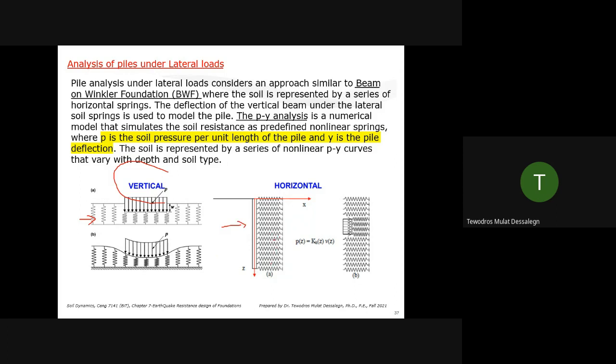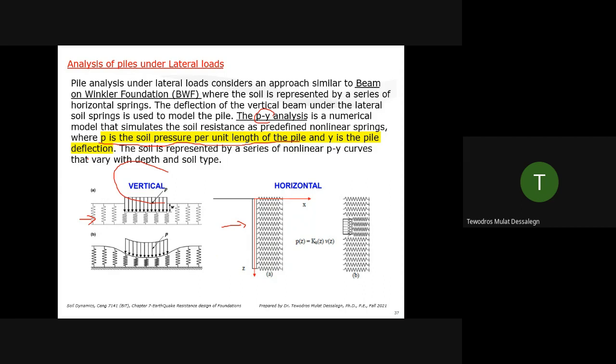This approach is also called the PY approach. The PY analysis is a numerical model that simulates the soil resistance as predefined linear springs, where P is soil pressure per unit length of the pile, and Y is pile deflection. So if you hear the term PY analysis, that's what it is.